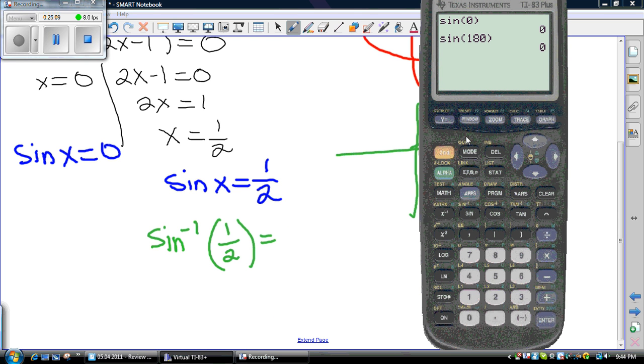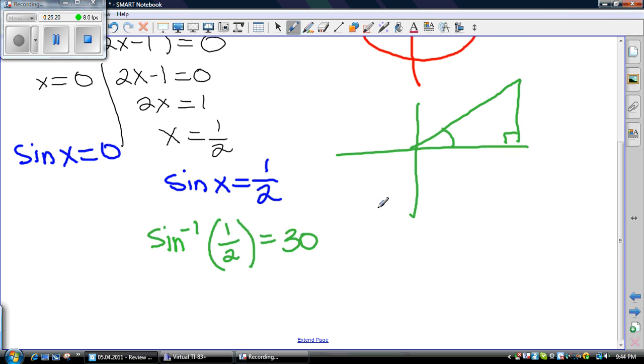Inverse sine of a half is 30 degrees. So 30 degrees goes right over here. 30 degrees is one of the possible answers.